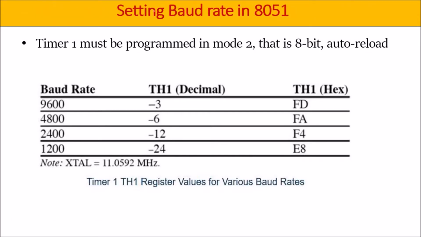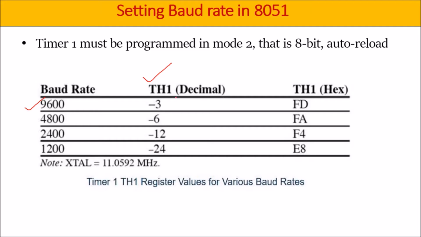The next register is the TH1 register. As you know, timer 1 is used in mode 2 to generate a clock signal, that is, to decide the baud rate of the serial communication block. As per our baud rate, these values should be stored in the TH1 register.